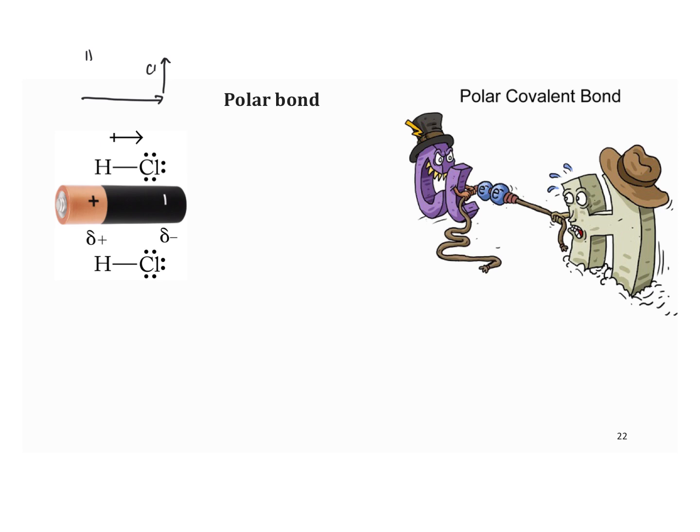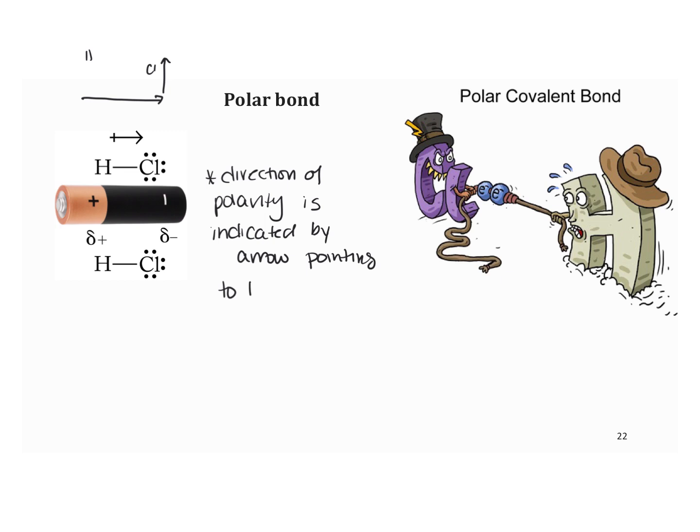You can also represent this with an arrow like this. In that arrow, the direction of polarity is indicated by the arrow pointing to the more negative end of the bond.